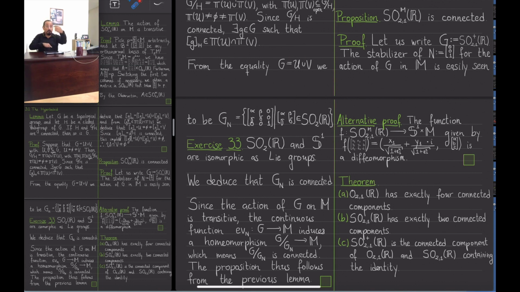So in determinant 1, those that preserve M seem to form a component, and those that exchange the two sheets seem to form another component.